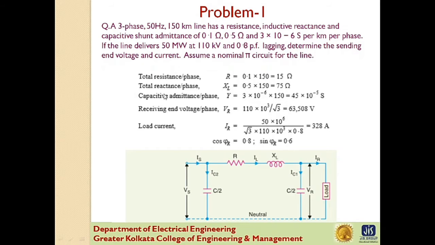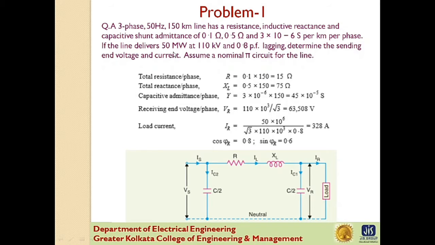Similarly, we get the total reactance by multiplying the per kilometer reactance value with the total length, that is 75 ohm. And similarly, the capacitive admittance per phase is equal to the capacitive admittance per kilometer per phase into the total 150 kilometers. So the final capacitive admittance per phase is 45 into 10 to the power minus 5 Siemens.